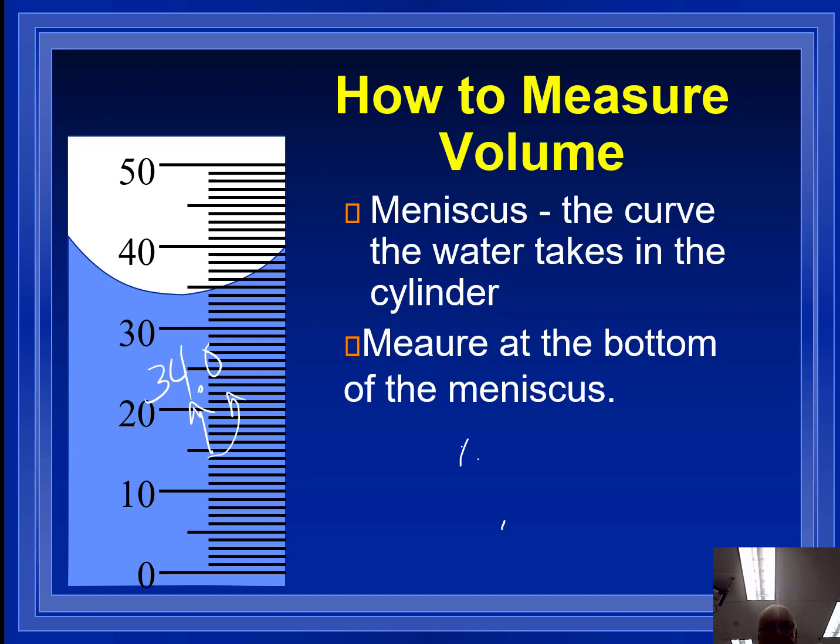So this is doing exactly the same thing as we did on the ruler. Okay, because if it had been a little bit above the line, well, actually, let's show what that looks like.